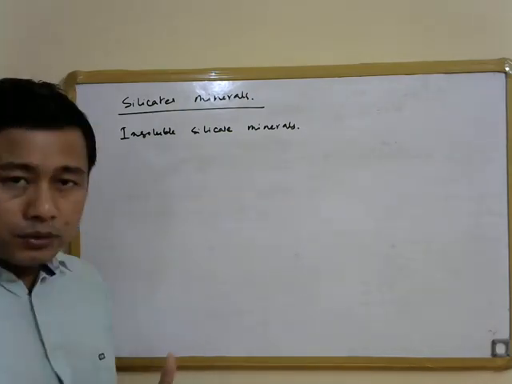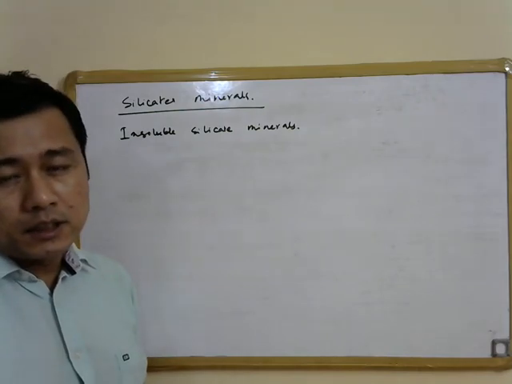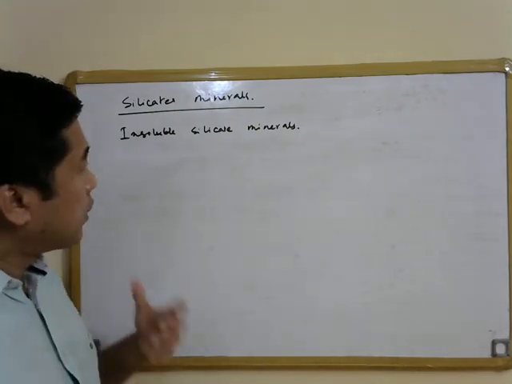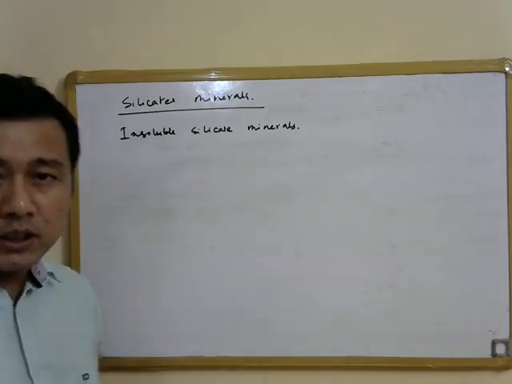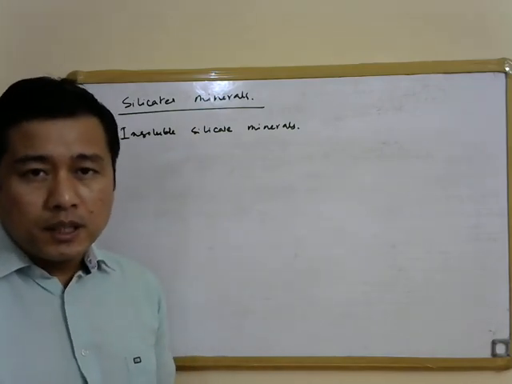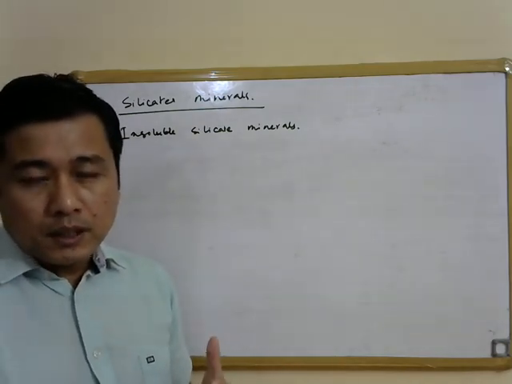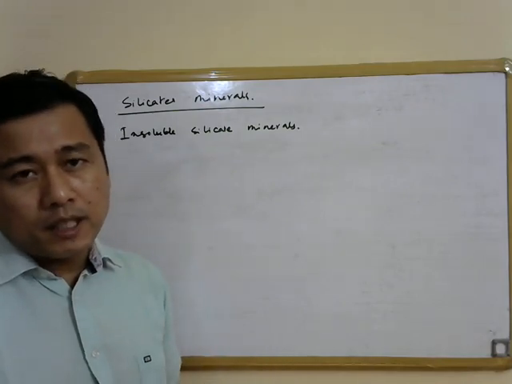So the majority of silicate minerals are essentially insoluble in nature, and if we look at the structure of these silicate minerals, there are certain key points that we can learn.